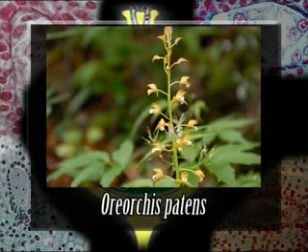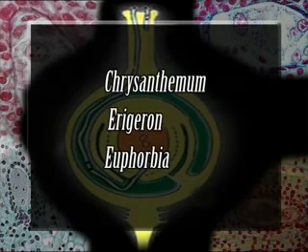But the interesting thing was that the mature embryo sac contained only 6 nuclei in all of them. In general, like Chrysanthemum, Erigeron and Euphorbia, the development of megagametophyte may be mono, bi or tetrasporic.